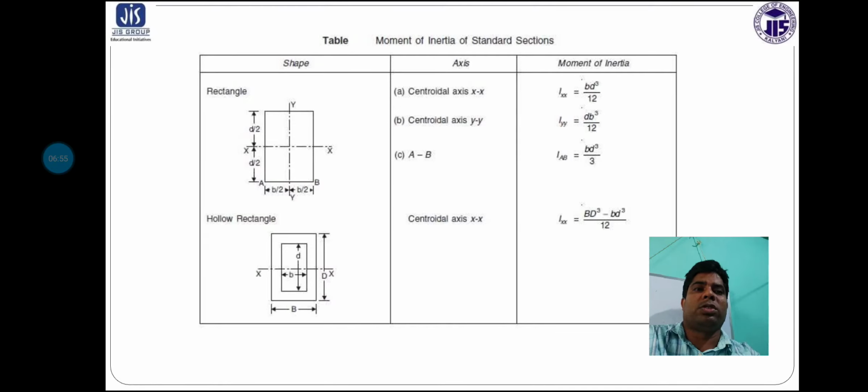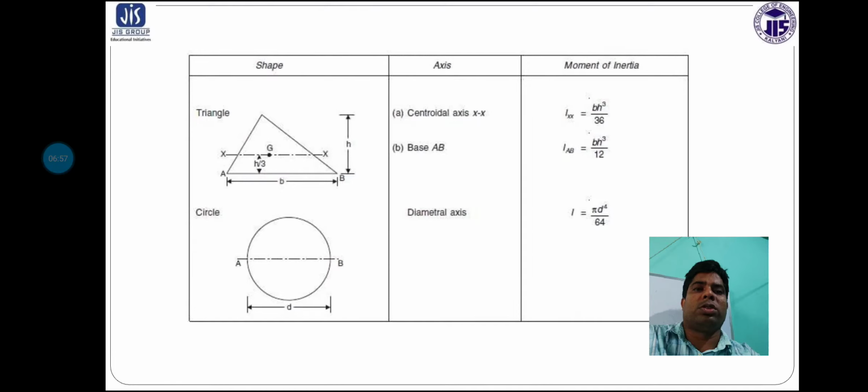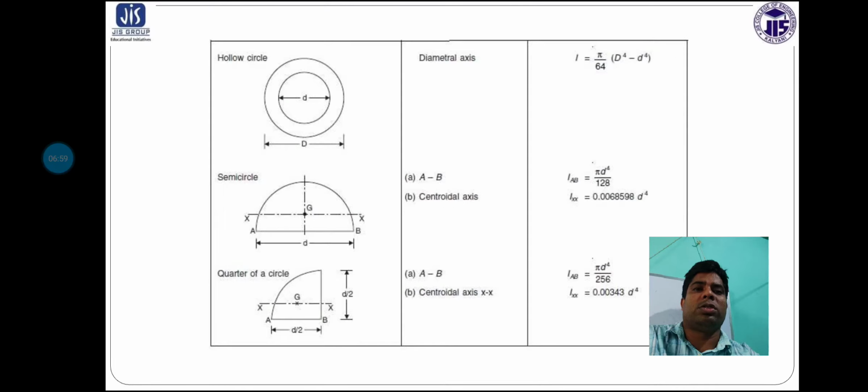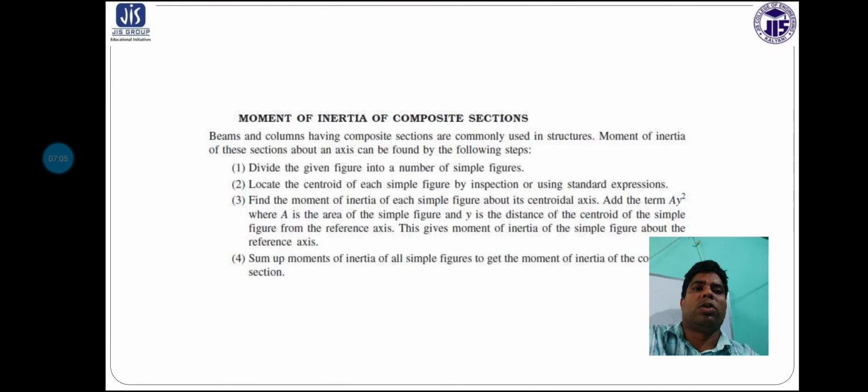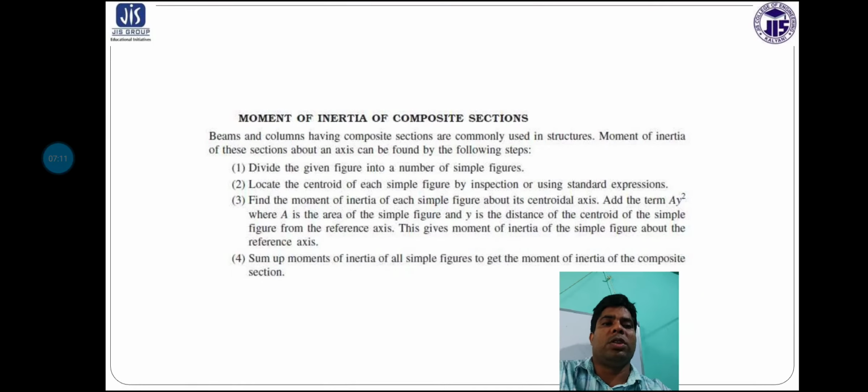So rectangular section, hollow rectangular section, triangular section, circular section, hollow circular section, semicircle section, and quadrant of any type of composite section. So now, moment of inertia of a composite section.